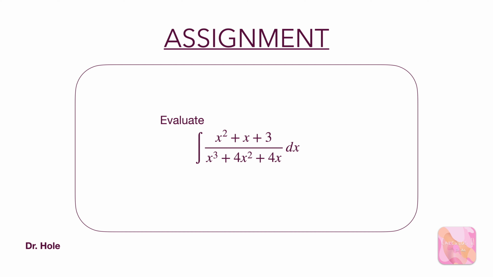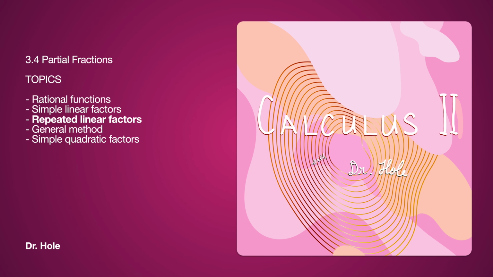You'll then want to use the method of equating coefficients to determine the partial fraction decomposition. Very nice. So when you have distinct linear factors, you can use strategic substitution. If you have repeated linear factors, you need to use the method of equating coefficients.